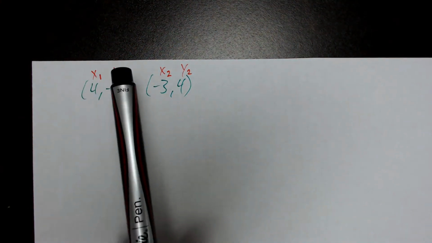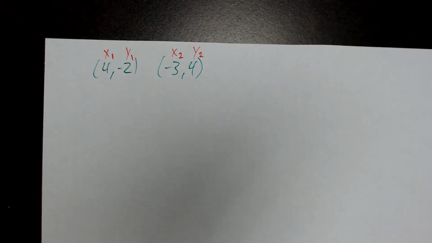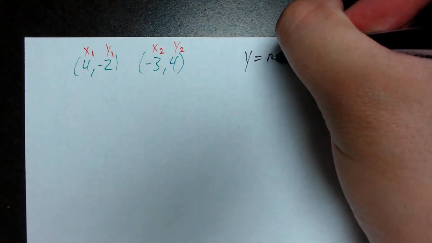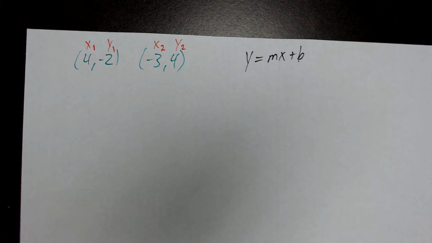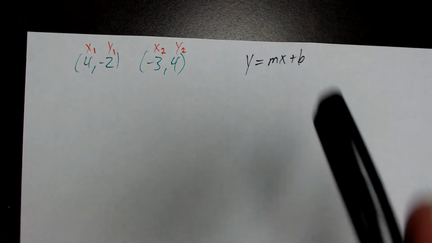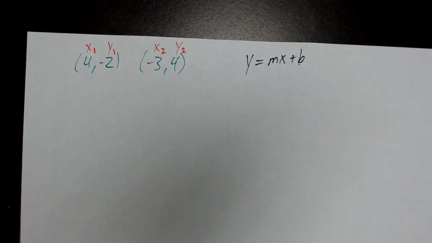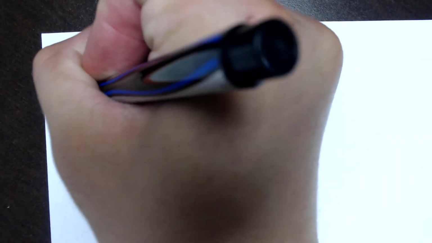Now if you only know 2 points of the line, we can plug that into the equation y equals mx plus b, and specifically we're going to find m, the word for slope. So quick recap: m means slope.